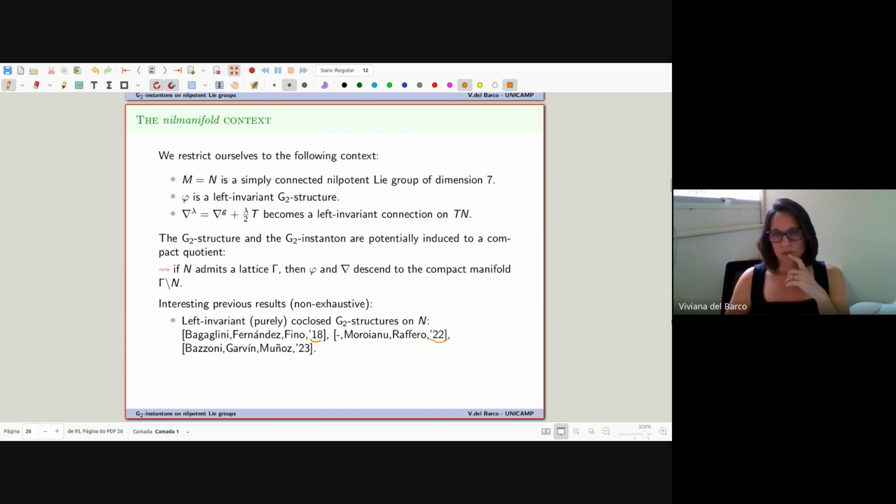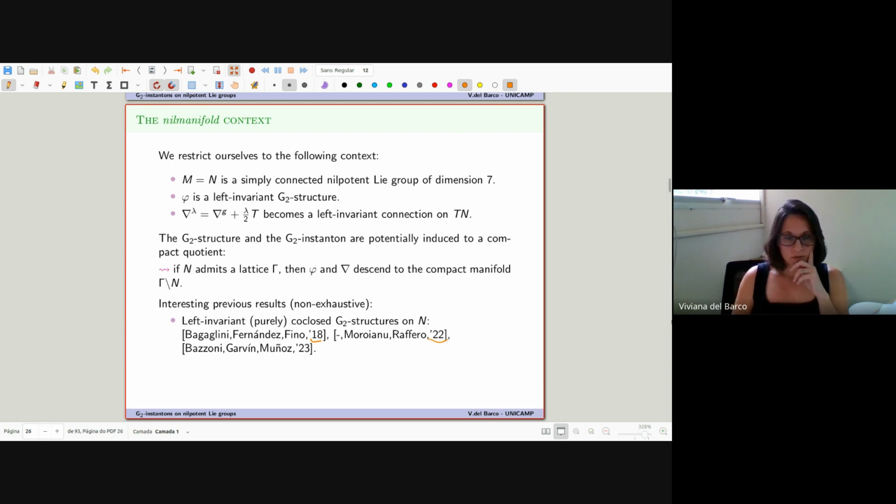In 2022, we took another approach, but we also studied coclosed and purely coclosed G2 structures on two-step nilpotent Lie groups. And actually, since we didn't go through the classification, there are tools that we used in this paper.